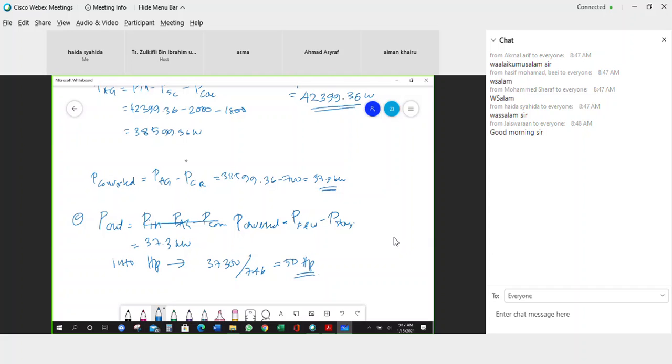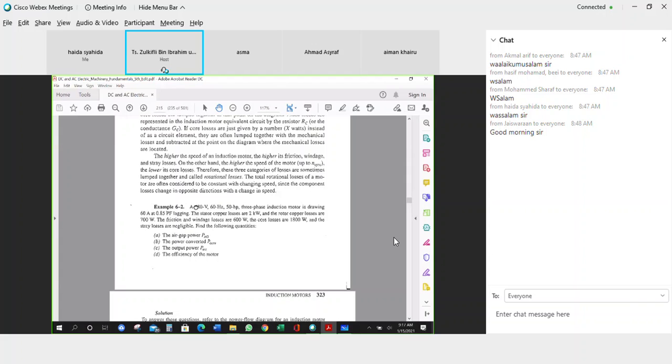So what is written in the information, at this condition, this is the rated condition. When your machine is supplied by 480 V at 60 hertz, drawing a current of this much and with this power factor, your output shall be equal to 50 HP.